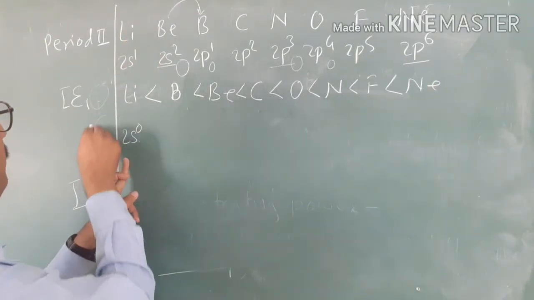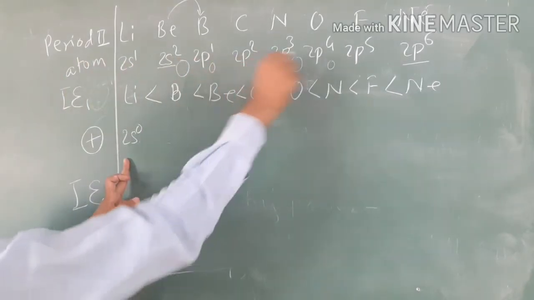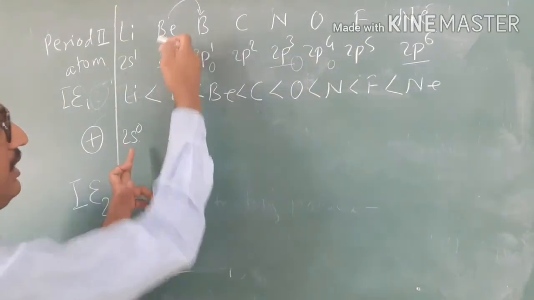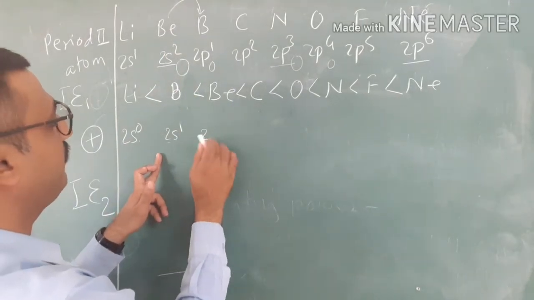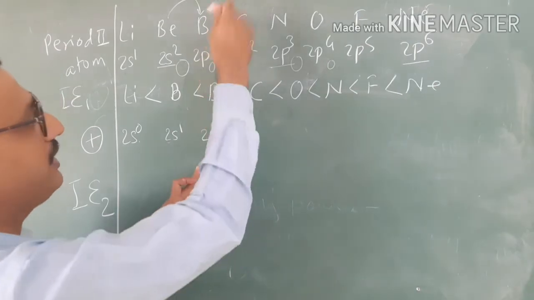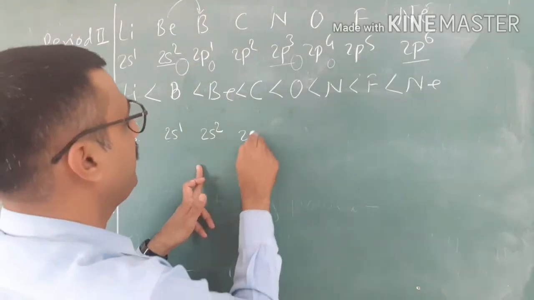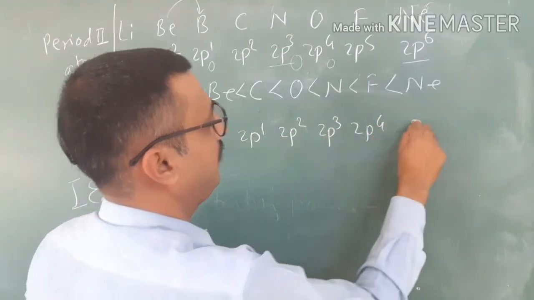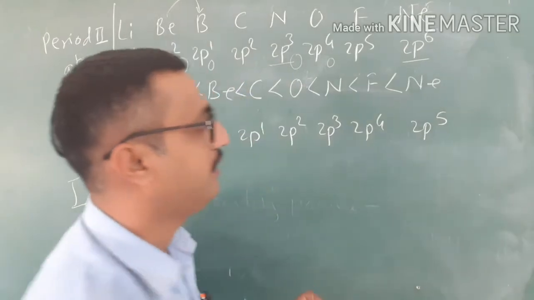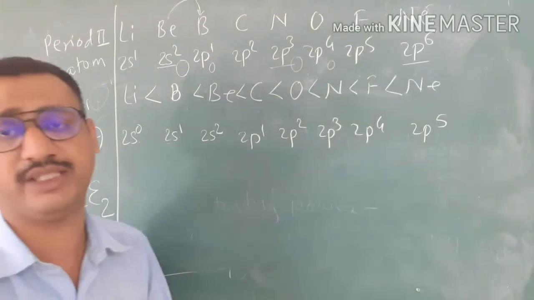Now the unipositive ion electronic configuration: this is the electronic configuration of the normal atom I wrote, and here it is positively charged with one electron less. Beryllium, if one electron is less from 2s2, we have 2s1. For boron, 2p1, when one electron goes, 2s2 remains. Here 2p1, 2p2, 2p3, 2p4 and 2p5. Now the unipositive ions of all these species have this electronic configuration.